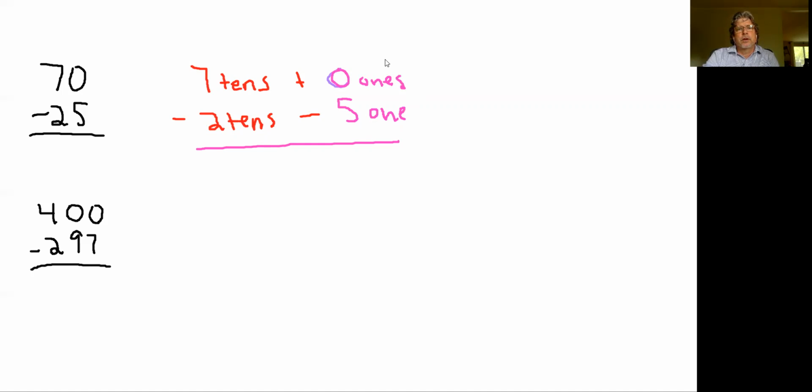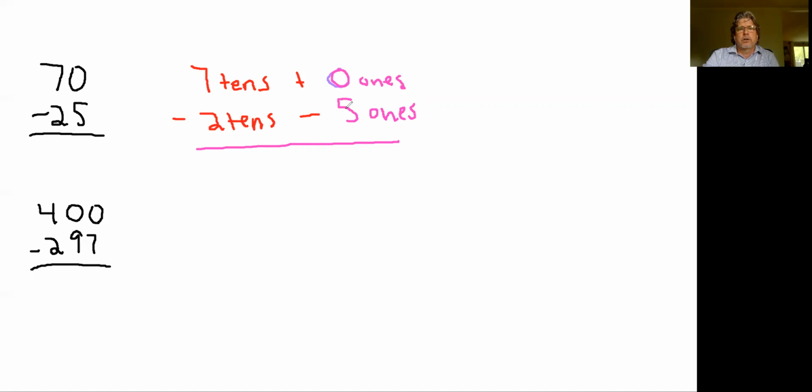So if I start at the ones place, notice how we have 0 ones take away 5 ones. I really can't take 5 from 0. If I don't have any ones, you can't do that.